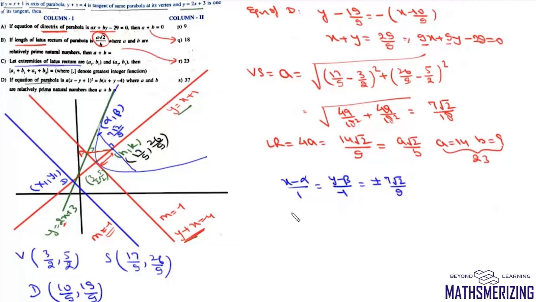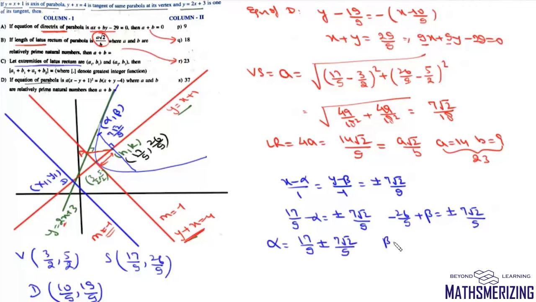Now x here is 17 by 9, so we can write 17 by 9 minus alpha equals plus minus 7 root 2 by 9, and this is 26 by 9 minus beta, with plus minus 7 root 2 by 9. So here alpha is 17 by 9 plus minus 7 root 2 by 9, and beta is 26 by 9 plus minus 7 root 2 by 9.